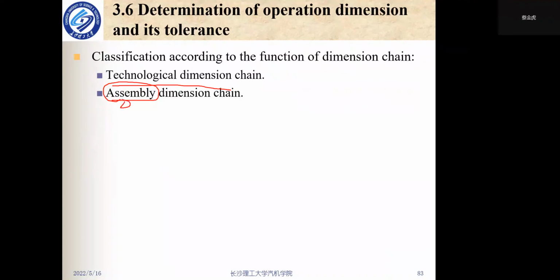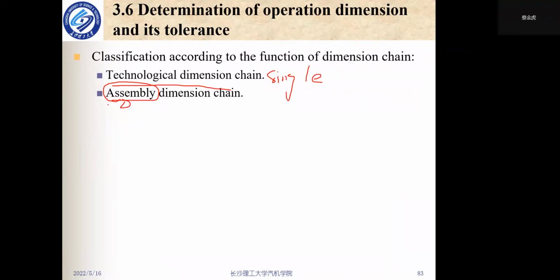This is the opposite of the first one, technological dimension chain, which is some related dimensions of a single component.